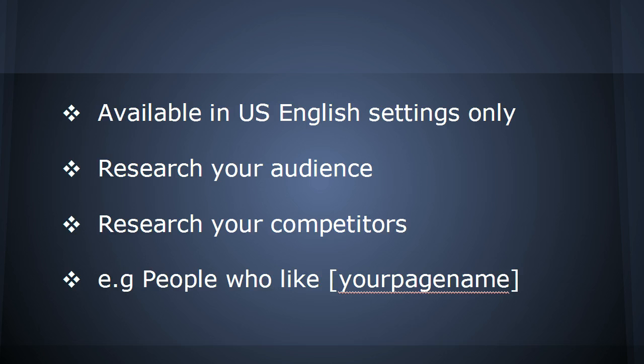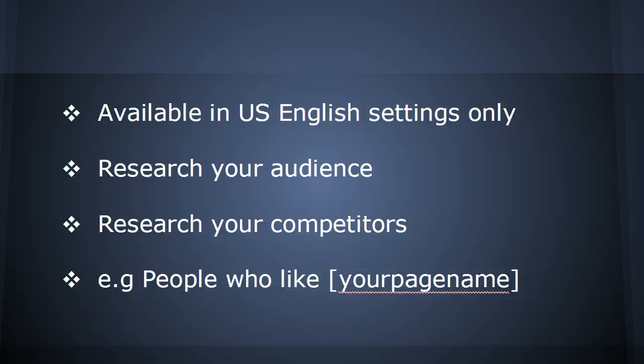So now you've got your settings as US English, you will have access to Graph Search, which is simply available in the search bar that you'll see at the top of your Facebook profile. Now you might be wondering how this will actually help with researching your audience.